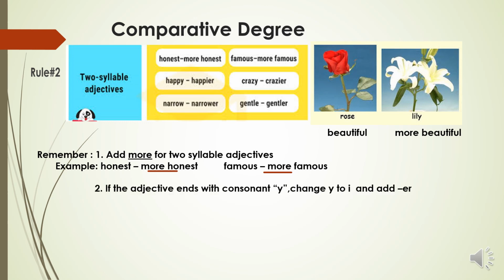If the adjective ends with consonant Y, change Y to I and add ER. For example, happy. The word happy ends with Y, so we have to change Y and add ER. It becomes happier. Crazy, crazier.